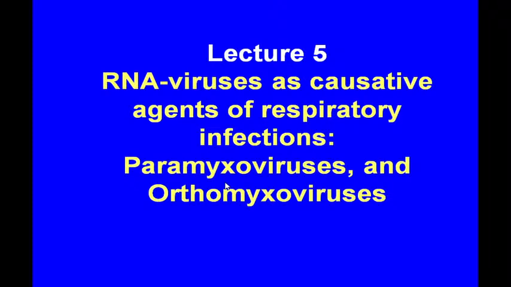Today we will be discussing very important groups for human pathology. These are Paramyxoviruses with many diseases in it, and Orthomyxovirus with just one, the influenza virus. We'll start with Paramyxoviruses.